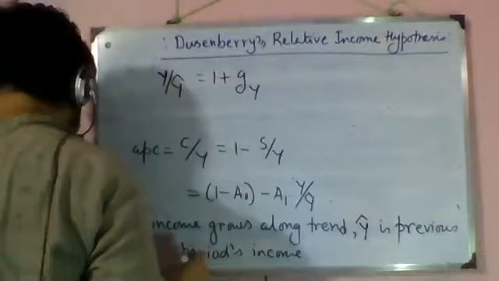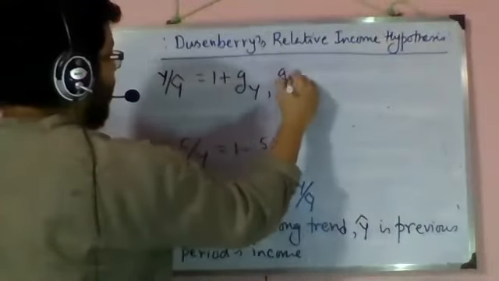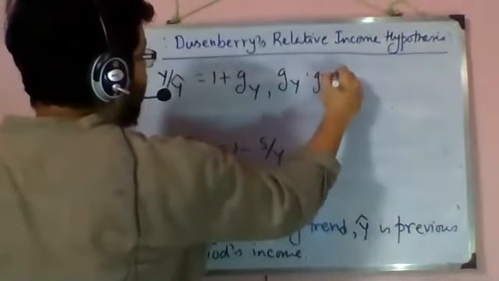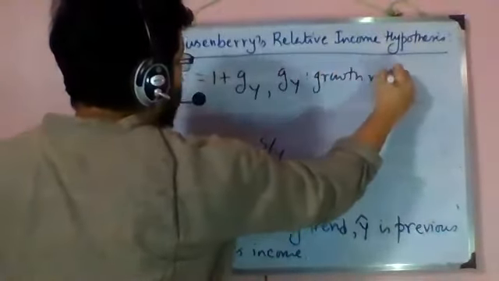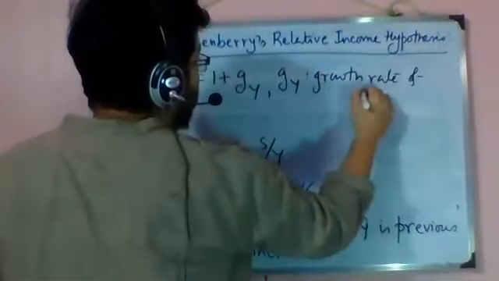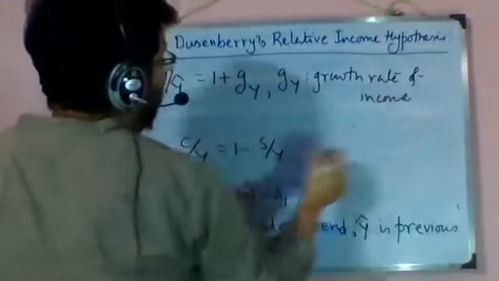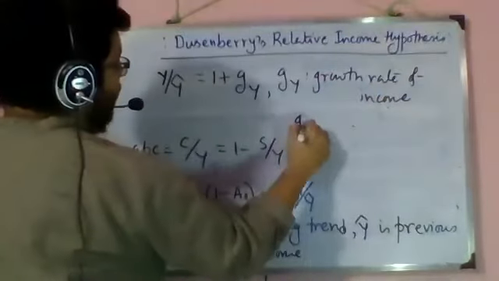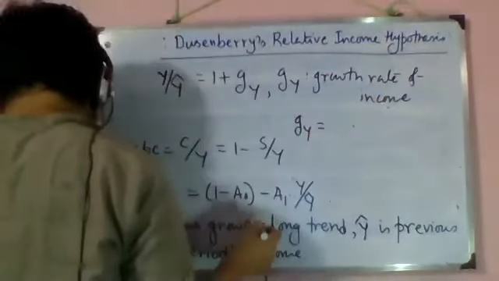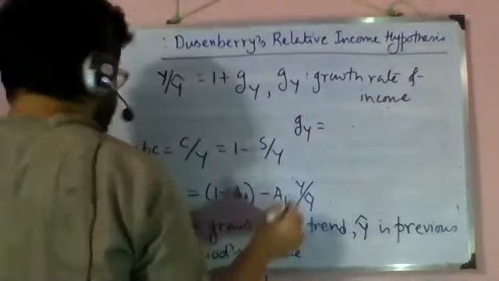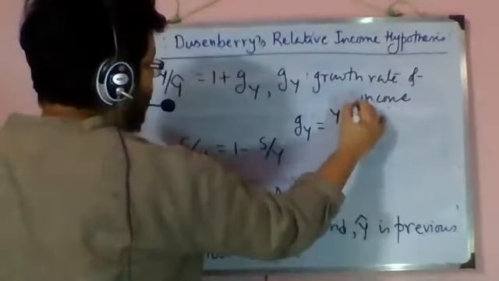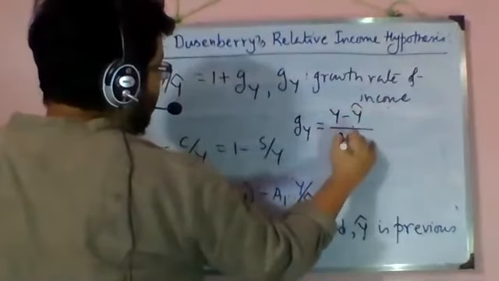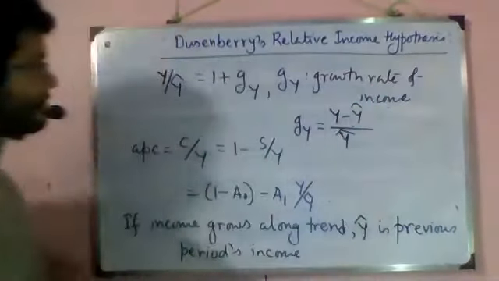What is gY? gY is the growth rate of income. And from this equation, we get an idea of how gY is defined. So gY is defined basically in this way: Y minus Y hat divided by Y hat.